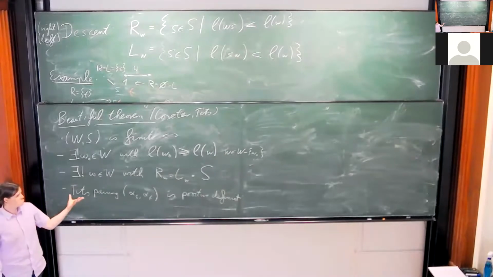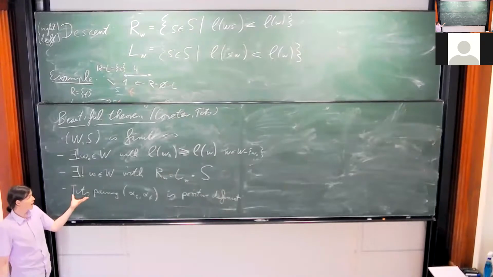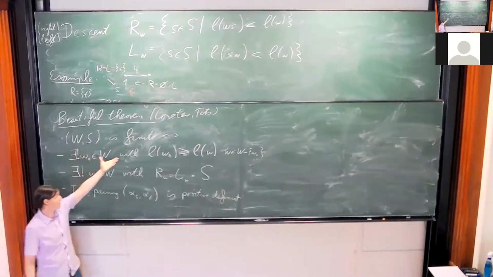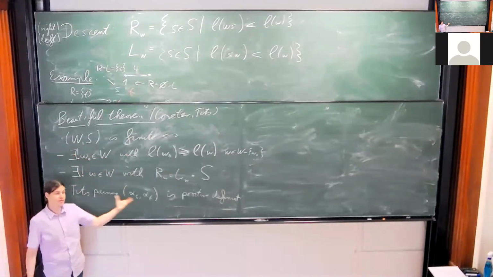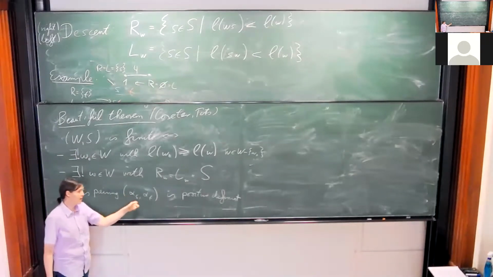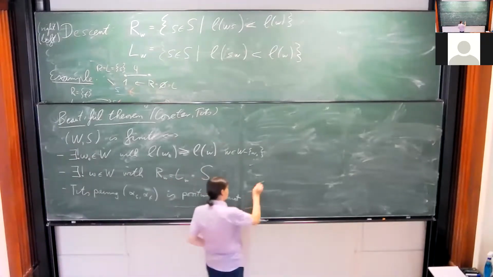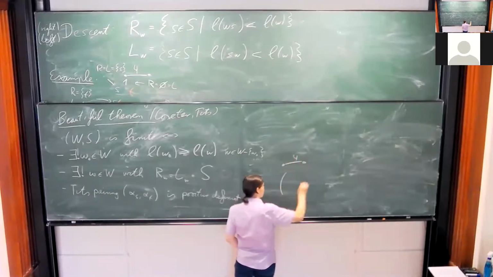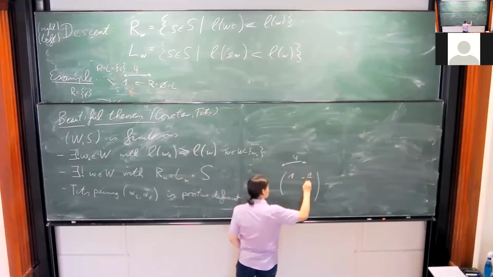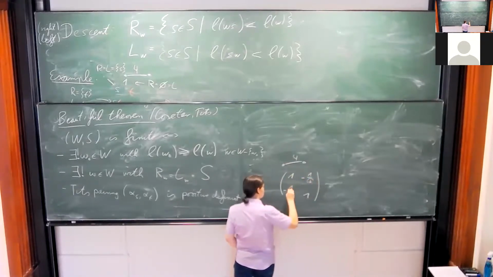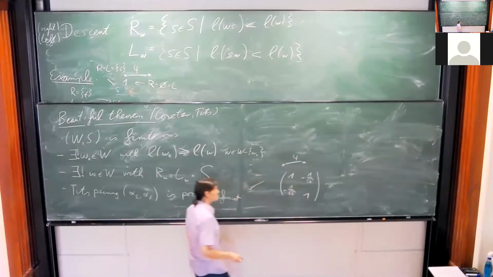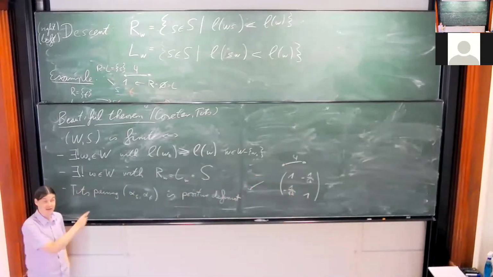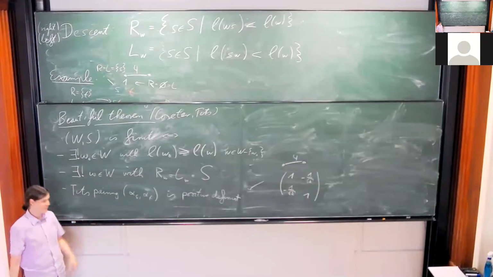This is a linear algebra interpretation of what it means to be finite. You have a matrix, you check whether it's positive definite. The pairing matrix, for example, for this type will be this one. And you can check if this is positive definite. It's a 2 by 2 matrix, you can do that.